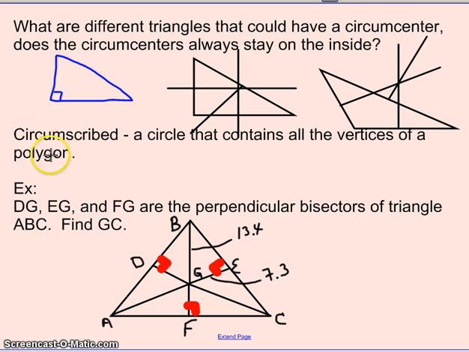All right, which would allow us to circumscribe, which is a circle that contains all 3 vertices of the polygon, or in this case the triangle.